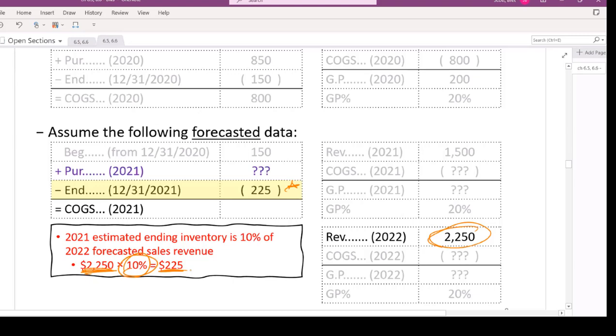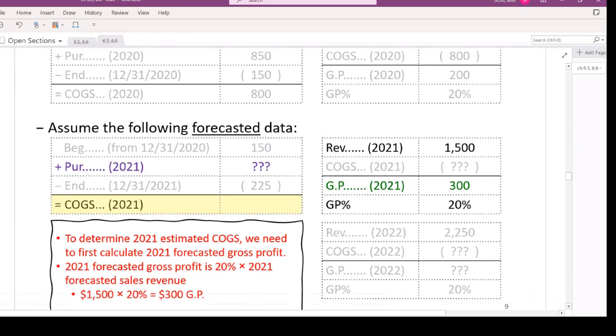That 10% of forecasted sales represents the amount, based on my policy, that I need to have on hand at the end of the 2021 period. So I'm almost having to look 2 periods ahead to figure out what I need to have at the end. That's fine. Sometimes you need at least 2 years of forecasted data. That seems reasonable in this case. 225 is what we need to have on hand. We got 2 numbers, 1 more left to go.